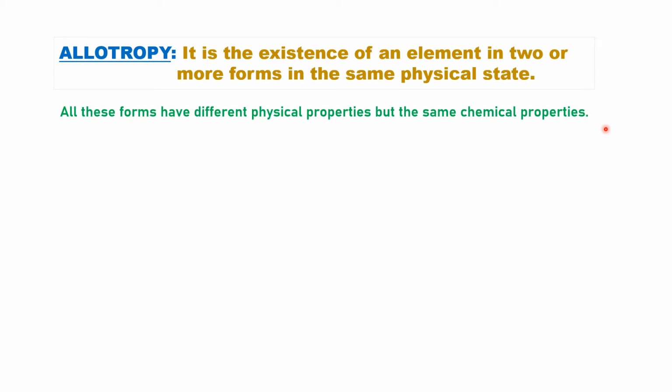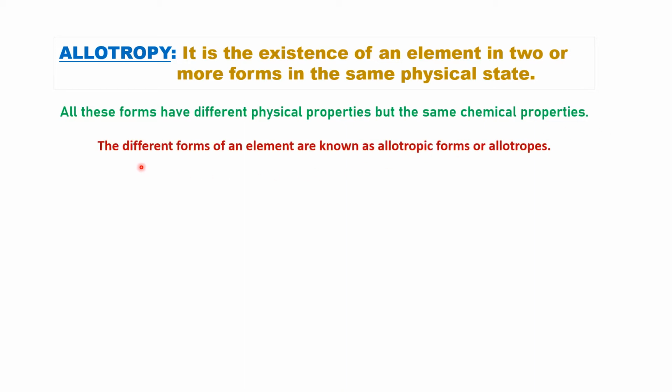That's why they have similar chemical properties, but due to different arrangement of atoms they have different physical properties. The different forms of an element are known as allotropic forms or allotropes.